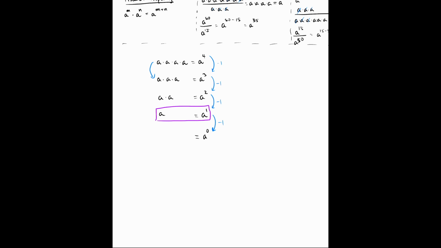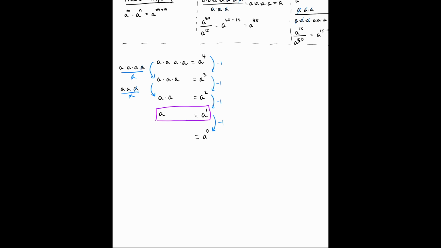So to get from the first line to the second line, we are dividing by a. See, that's how one of the a's cancels out and we get the next line. To get from the second line to the third line, we have 3 a's multiplying themselves, and we divided by a, and that's how we got a squared.